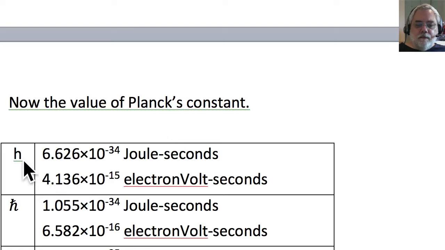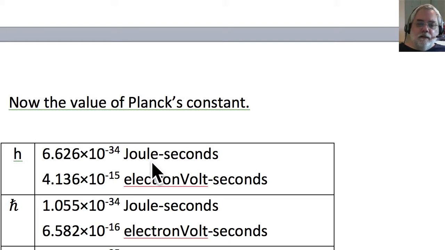Planck's constant and the reduced Planck's constant h bar, they have units of energy times time. To look at value, we need to pick an energy unit and a time unit. We're always going to use seconds for time. In classical mechanics, we normally would use joule for energy. Joule is a Newton meter.